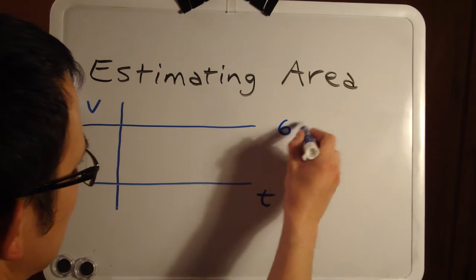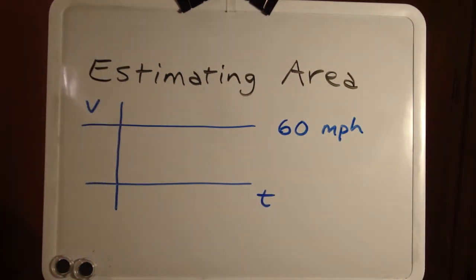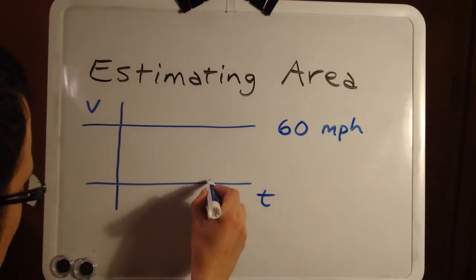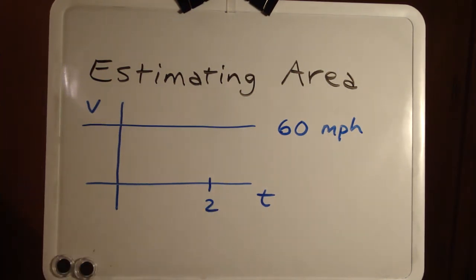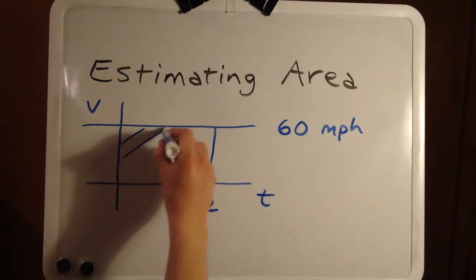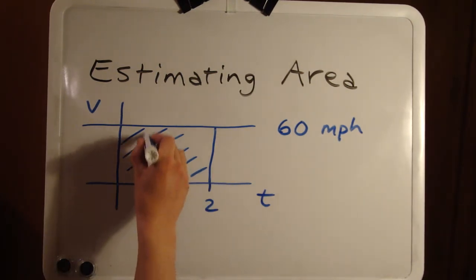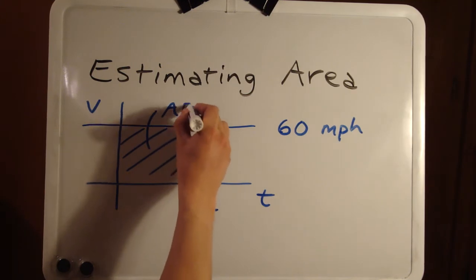So we could say something like 60 miles an hour. And then we could say, suppose we do this for a certain amount of time. So for example, 2 hours. And then I'm going to enclose this figure here. And the question we're going to ask ourselves is, finding the area enclosed by this, what is the meaning of that? So just calculating this area.